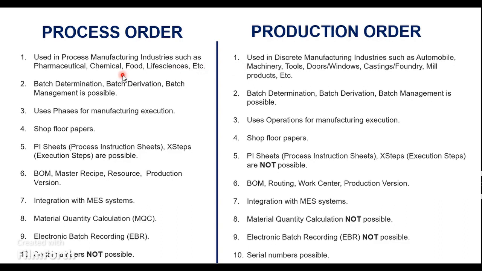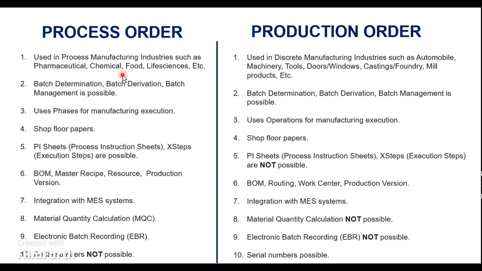So basically, the consultant has to take a call whether to configure the process order or go with a production order. Typically, in the case of a pharmaceutical or chemical industry, we go with process orders because we have several advantages by using them, such as the creation of PI sheets and also the material quantity calculations.